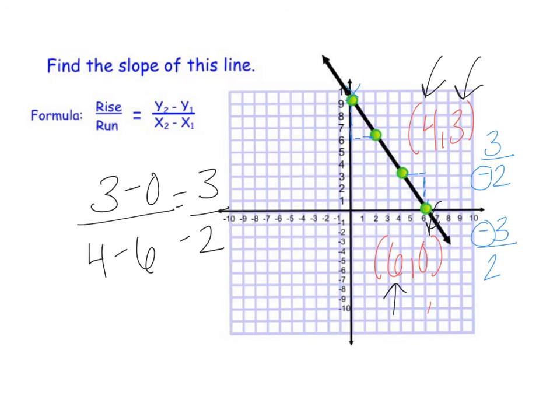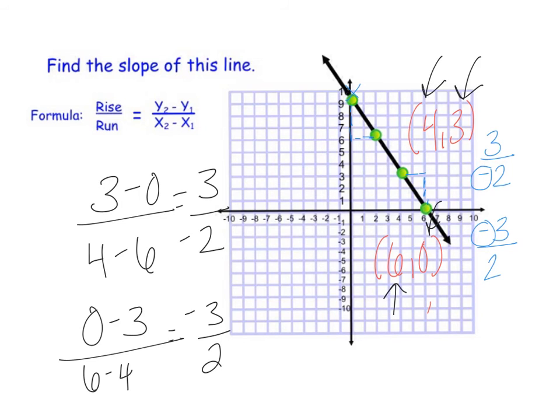What if I change these subtraction problems? What if I did 0 minus 3 on top and 6 minus 4 on the bottom? I would get negative 3 over 2. Notice again, I get the same answer. So the order that I subtract the y-coordinates isn't important.